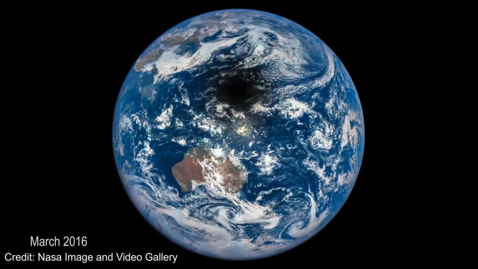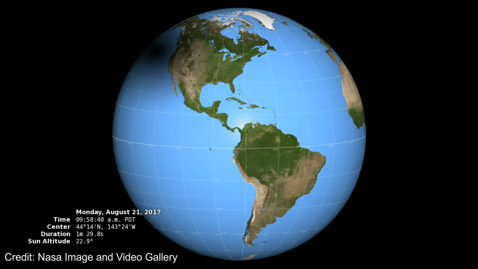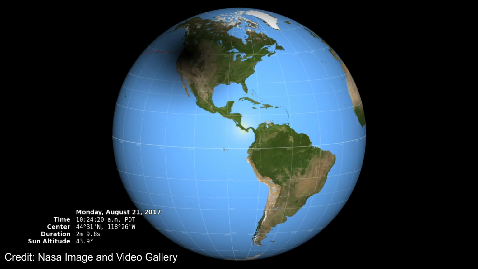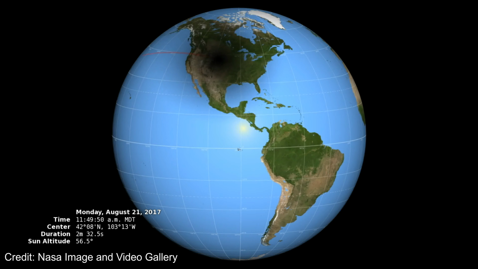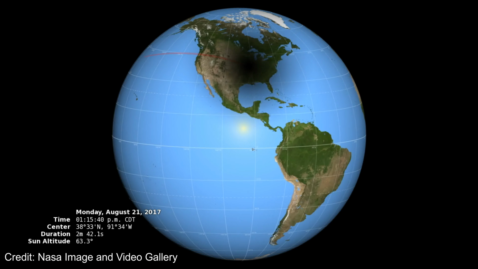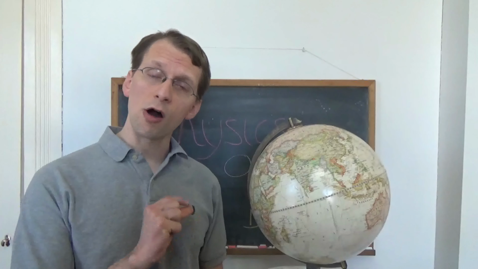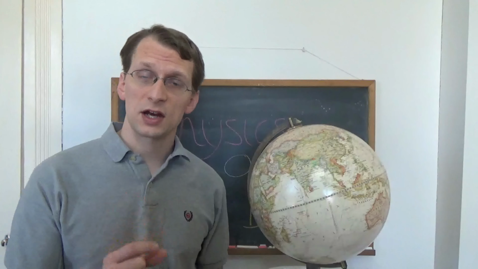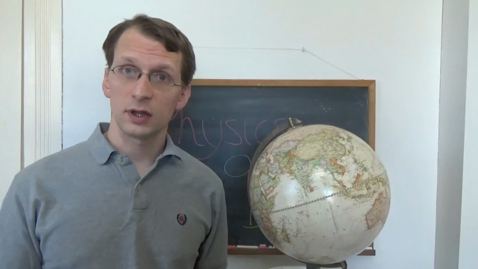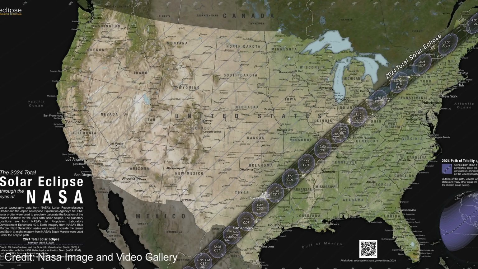Now, even when there's a total solar eclipse that happens, the entire Earth doesn't fall under the umbra and see a total solar eclipse. There's only a small path on the Earth that actually hits the path of totality, where it'll not see the sun at all.